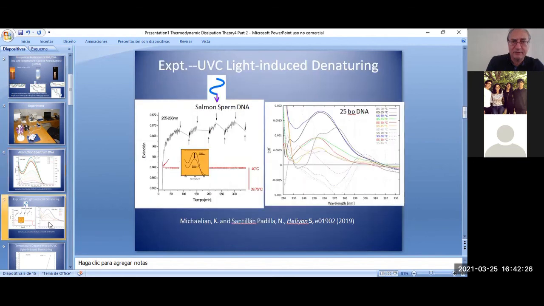But this is the case for light-induced denaturing at different fixed temperatures. So we're not changing the temperature. The denaturing is coming only from the absorption and dissipation of ultraviolet photons. Okay, so this is evidence that we are getting, in fact, light-induced denaturing in DNA.